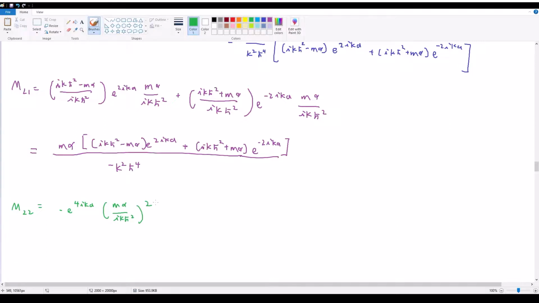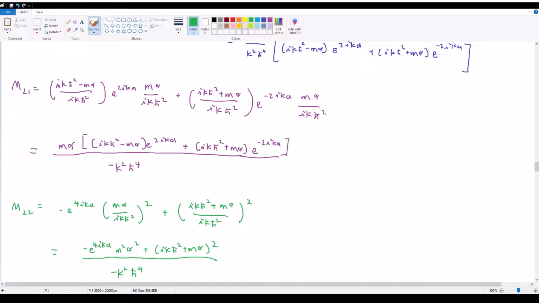And then added with ik h bar squared plus m alpha over ik h bar squared. So once again, common denominator, negative k squared h bar fourth. At the top, we have negative e to the 4ika times m squared alpha squared plus ik h bar squared plus m alpha squared.